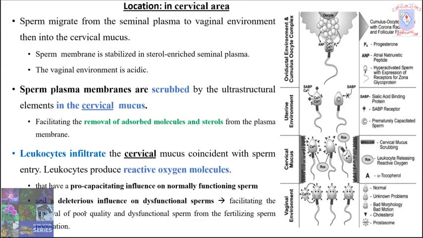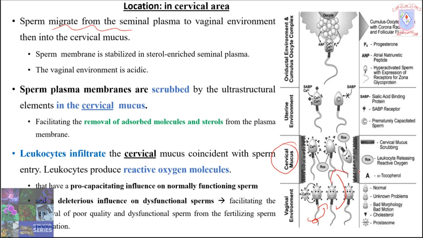This is the first step of this game, and the member influencing the sperm is the prostasomes. The second location is the cervical area. The sperm migrate from seminal plasma to the vaginal environment, then into the cervical mucus.